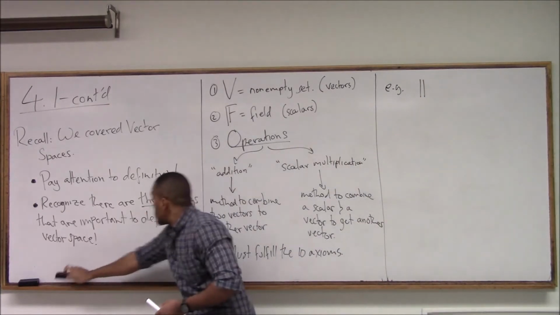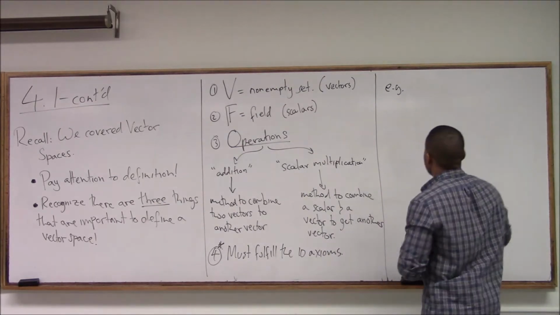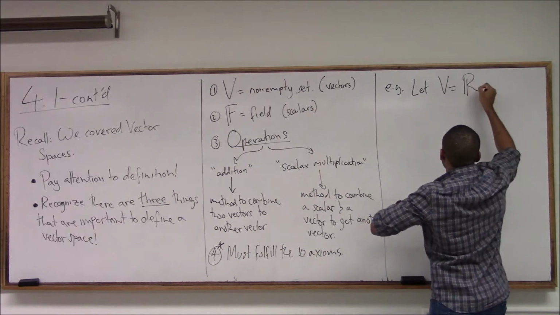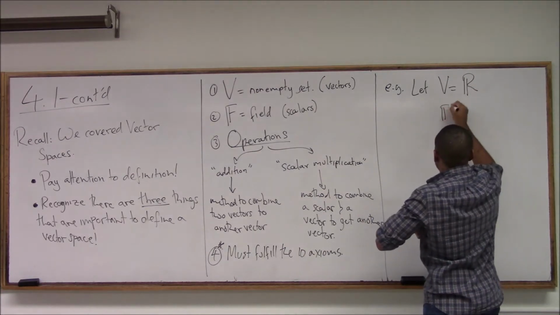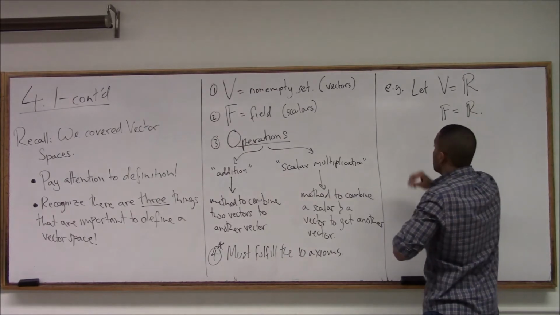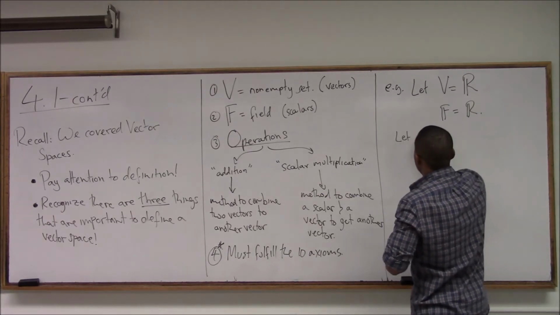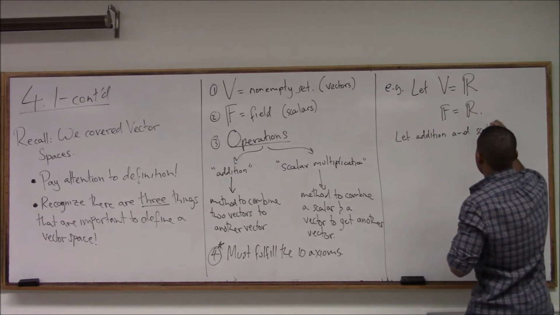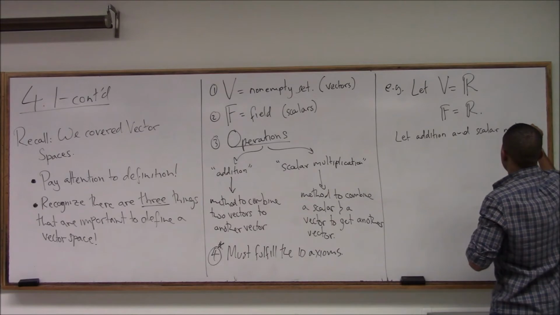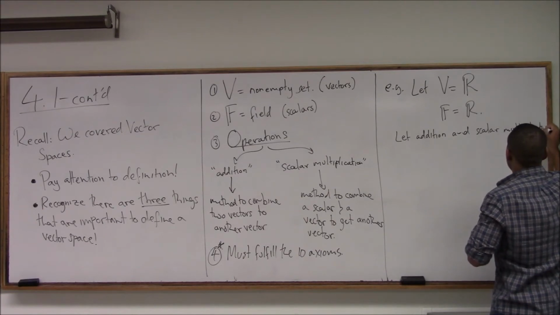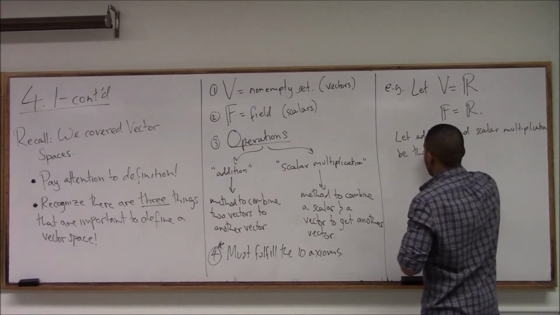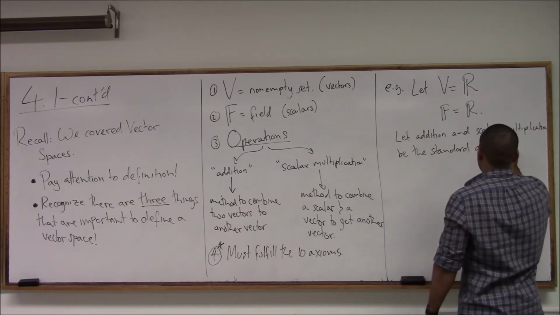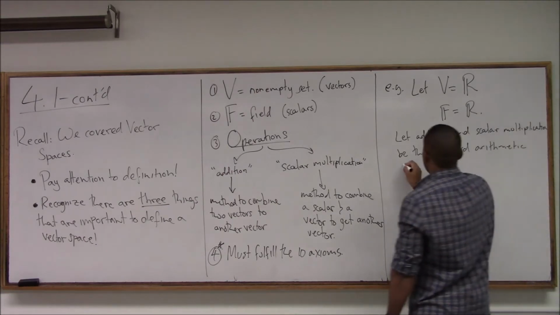Take V in this notation to be R, the real numbers. Let my field F also be R, and let addition and scalar multiplication be the standard arithmetic operations.